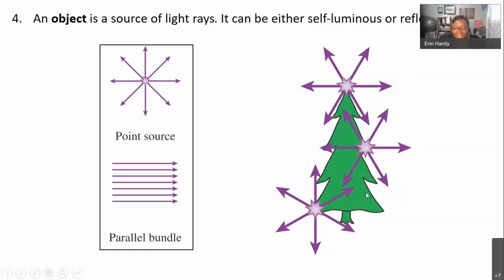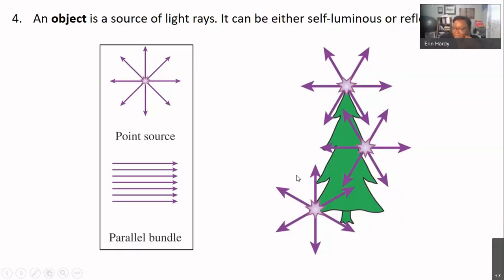So the pine tree here that we see on the right-hand side, that's going to be a kind of common object that the imagery in our textbook uses. This tree is not producing its own light, but let's say sunlight is incident on this pine tree, we can treat every single location on the pine tree as if it's a source of diverging light rays.